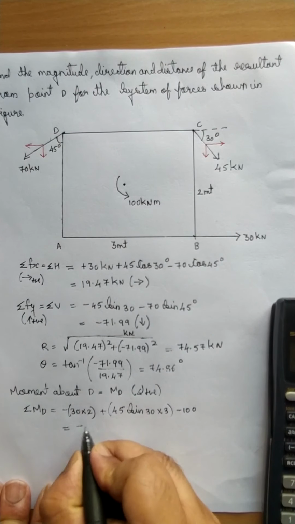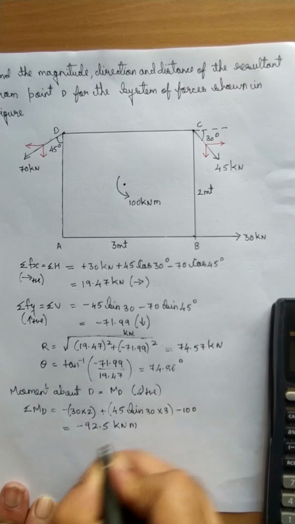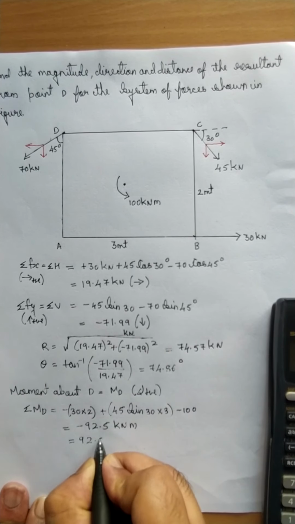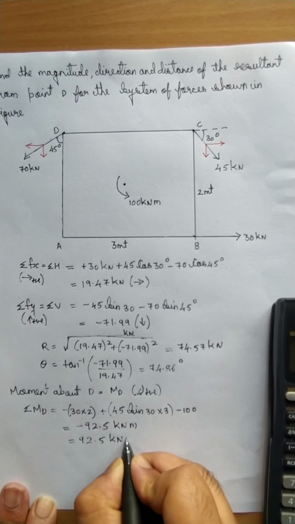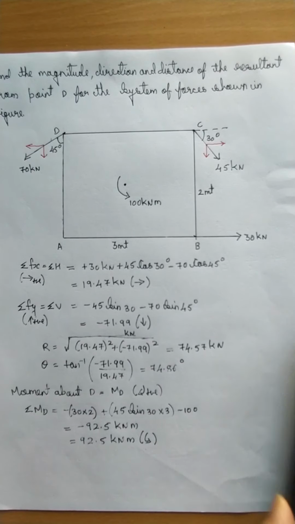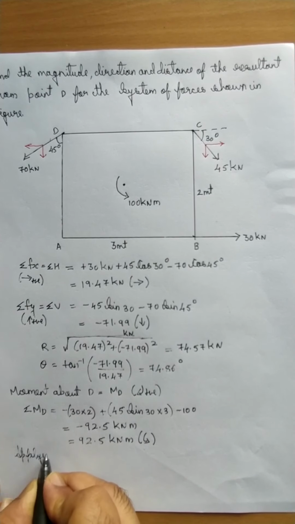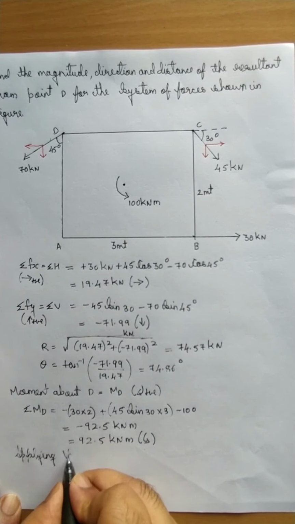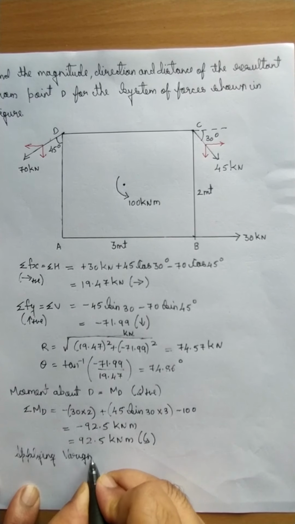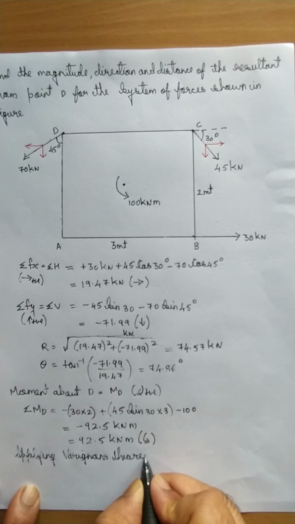So this is working out to be minus 92.5 kilonewton meter. The meaning of this is that 92.5 kilonewton meter is acting anti-clockwise. Now let us find the x distance. Applying Varignon's theorem, we will calculate.